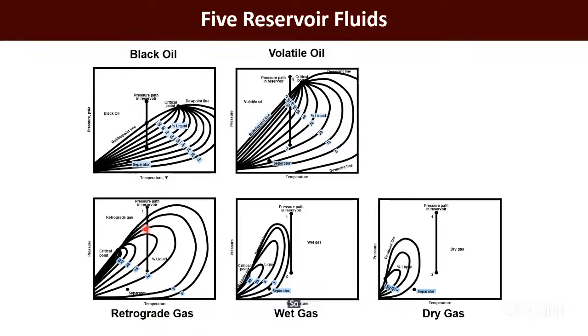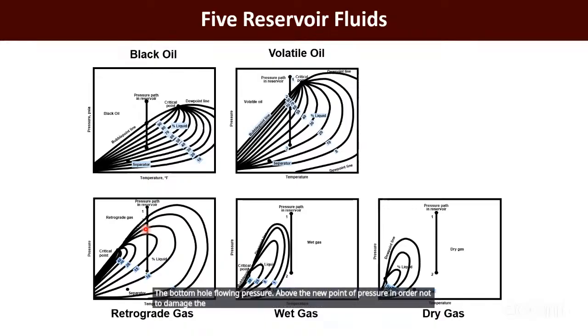So in gas condensate reservoirs, it's very important to keep the bottom hole flowing pressure above the dew point pressure, in order not to damage the reservoir through condensate banking, which will occur if we drop below the dew point pressure, and also to keep this liquid in solution with the gas, because it's very important to produce this condensate.